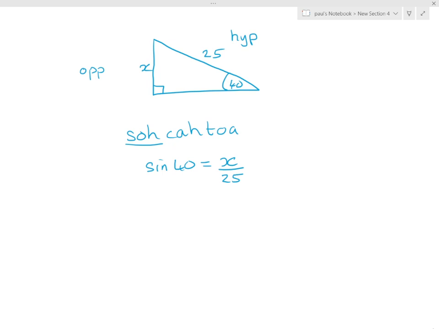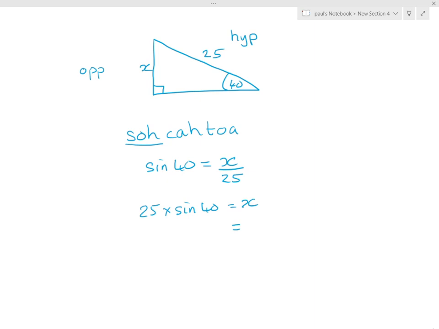So multiply both sides by 25, so we get 25 times sine 40 equals x. Now, good practice is to put this 25 before the sine 40, not after it, because otherwise the calculator may get confused and try to work out what the sine of 40 times 25 is. So do that on the calculator.